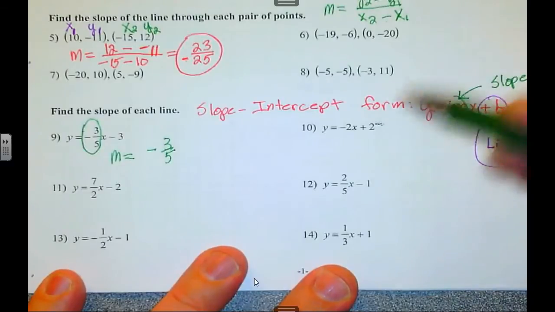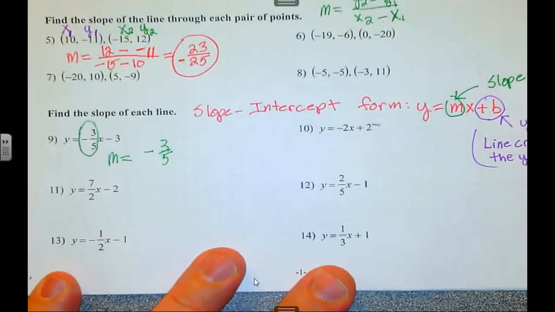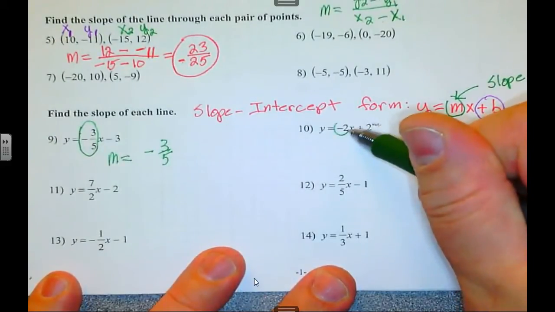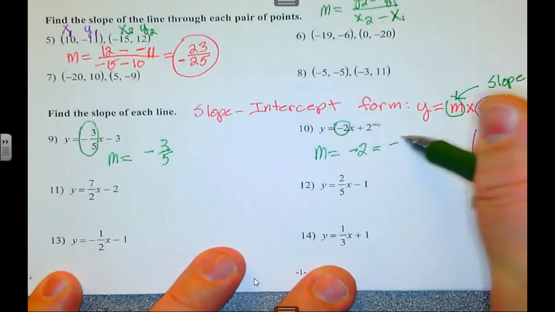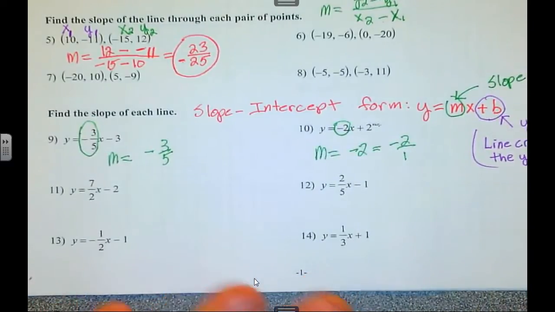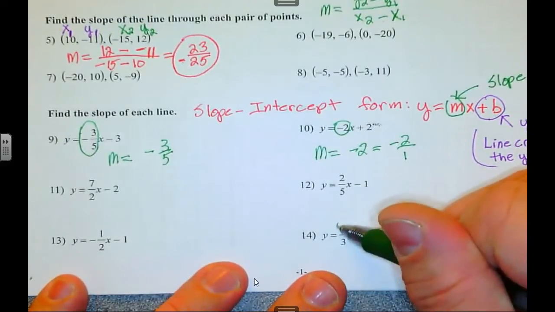What's my slope in number 10? Yeah, negative 2, or you could put negative 2 over 1 if you want.